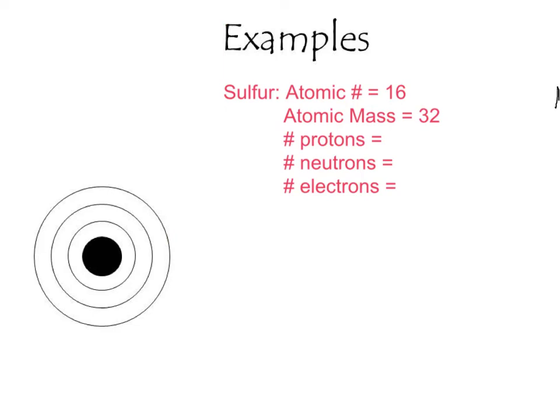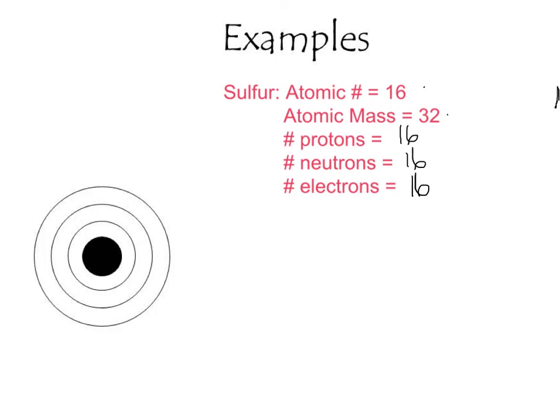So there are 16 protons, and since the number of neutrons is the atomic mass minus the atomic number, there should also be 16 neutrons. And since this is a neutral compound, there should be the same number of electrons as the number of protons. So you should have 16 electrons.